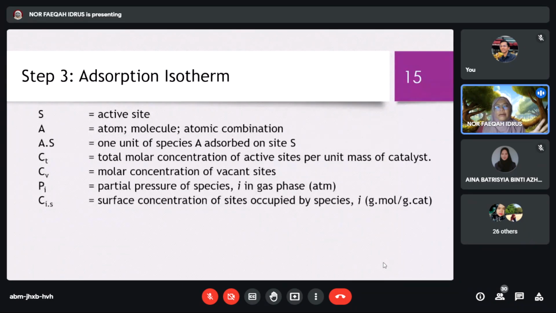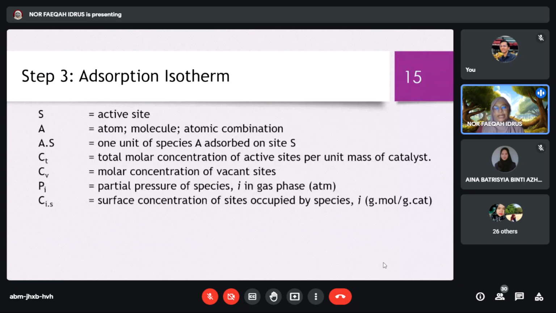So basically we know that adsorption can occur via physical adsorption or chemical adsorption. Chemical adsorption is also called chemisorption.